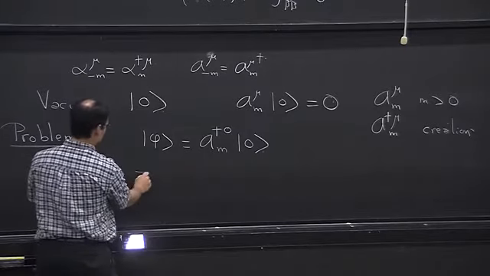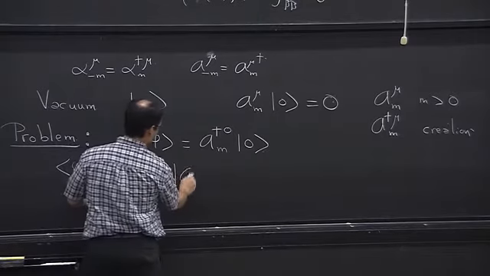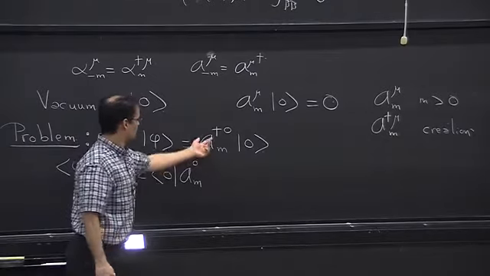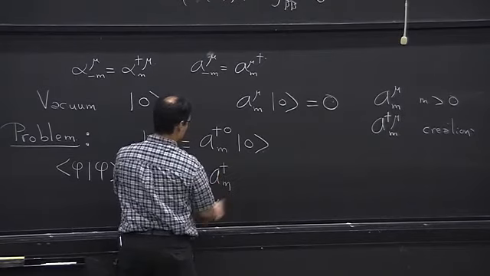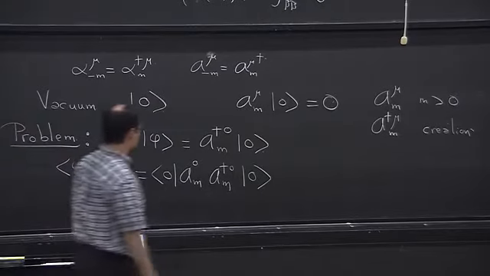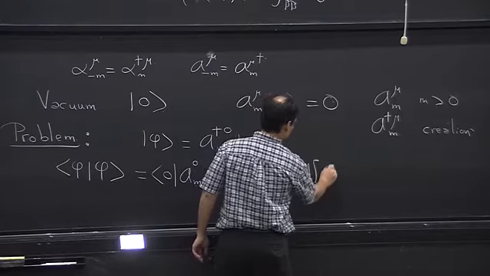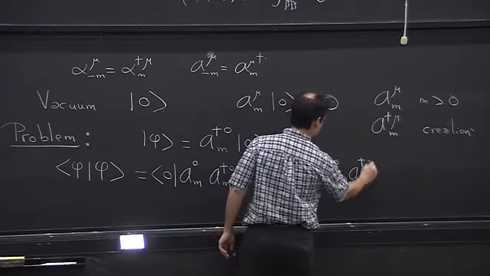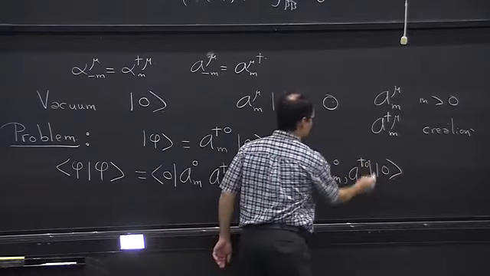What's the norm? Well, in order to compute the norm, all we have to use is this definition. So this will give us this times AM0, the adjoint operator, times AM dagger 0. But this is nothing but the commutator of this guy with a 0 here.